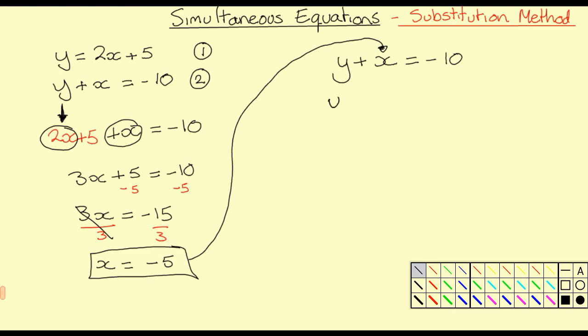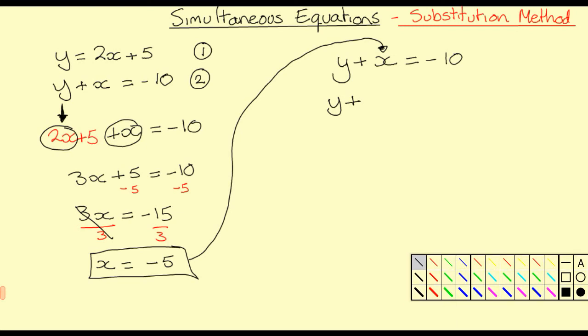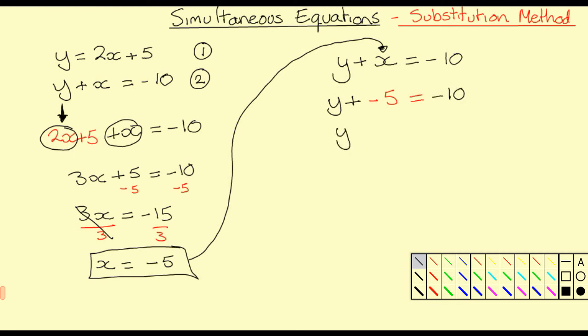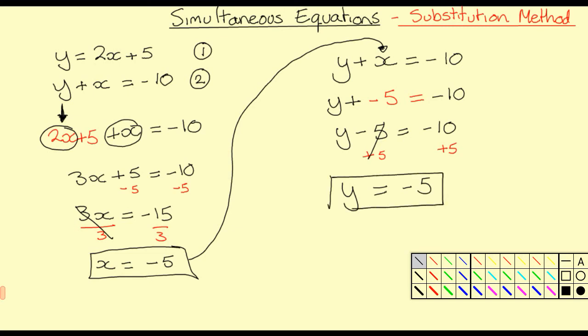So this time I'm going to write y plus minus 5 equals minus 10. So in other words, it's saying y minus 5 equals minus 10. Solving as normal, I'm going to add 5. So y is equal to minus 5. And there I've got my answer for y as well.